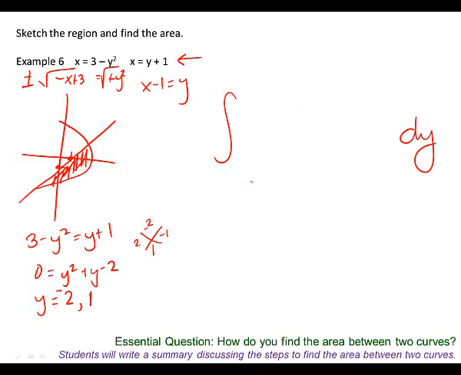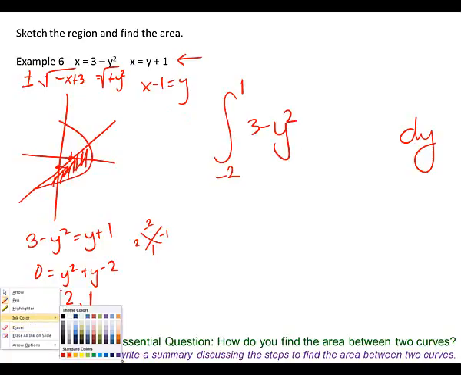Okay, let's check it. What are your limits? -2 to 1, good. All right, what did you use for your rightmost function? 3 minus y squared, because we have to go this way across it, right?